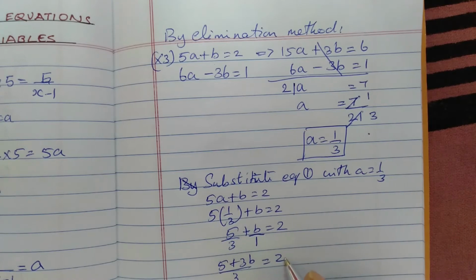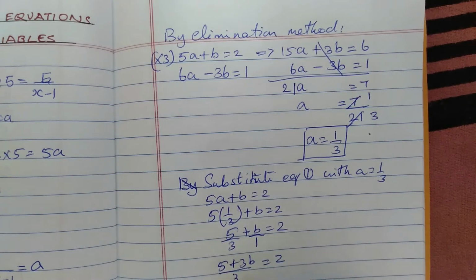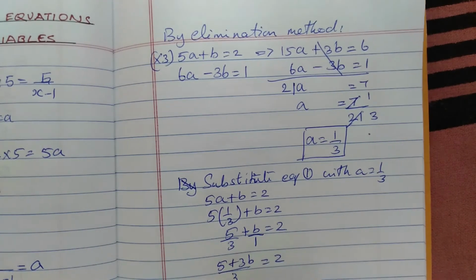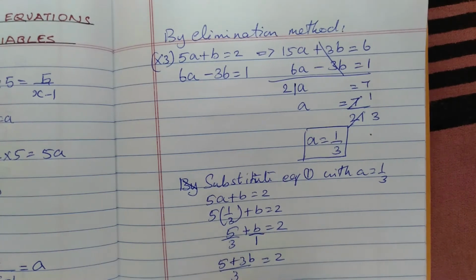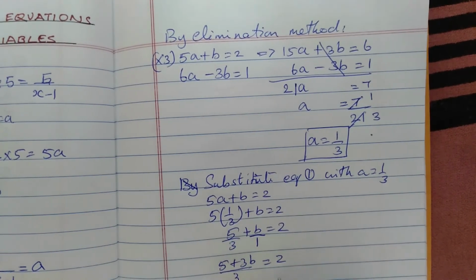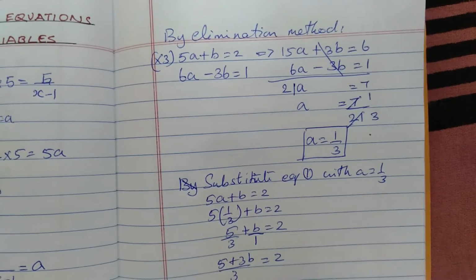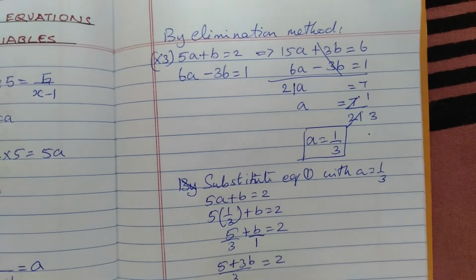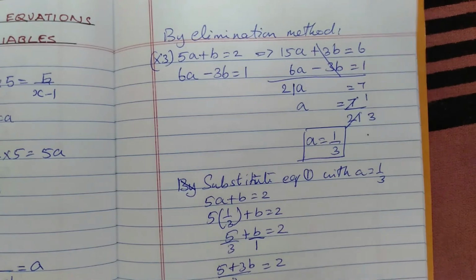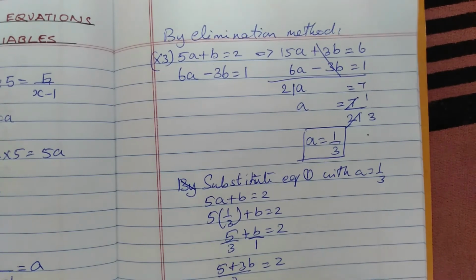Now you can move this to your right hand side, so that this gets eliminated from here. So 5 plus 3b is equal to 3 2s are 6. So this is 6. So now 3b is equal to 6. As this is a constant term, it moves to your right hand side.